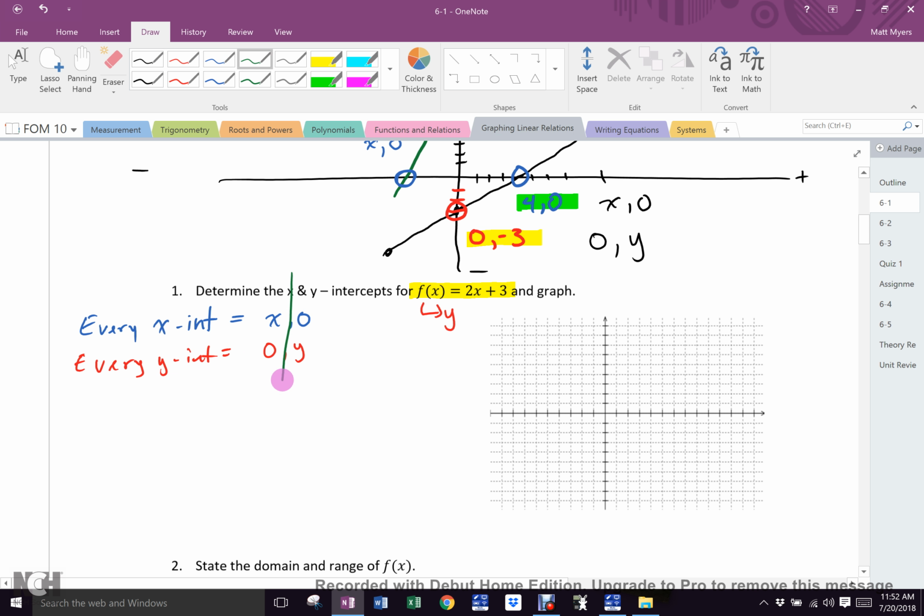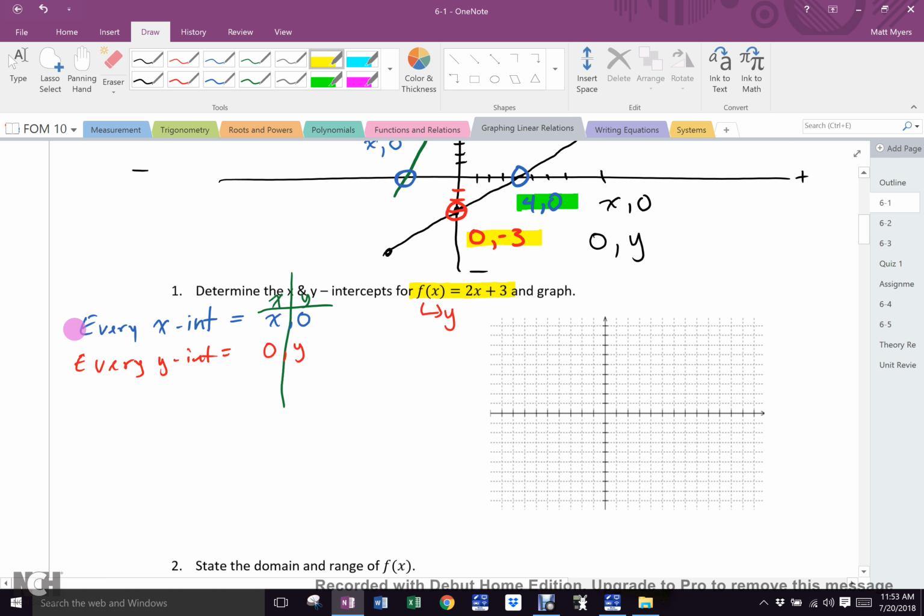What values are on this side? Are these x's or y's? X's. What are these? Y's. What is this in the equation? An x. What is this? A y. Does everybody see where we're going with this?